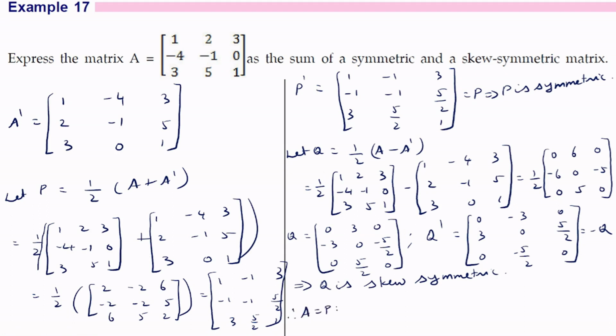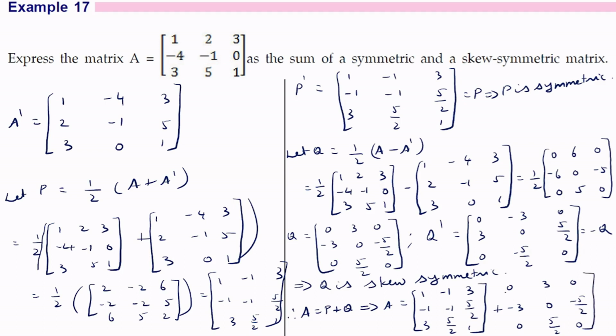Therefore, A equal to P plus Q implies A equal to, this is the symmetric matrix P: 1, minus 1, 3, minus 1, minus 1, 5 by 2, 3, 5 by 2, 1, plus the skew symmetric matrix Q: 0, 3, 0, minus 3, 0, minus 5 by 2, 0, 5 by 2, 0.